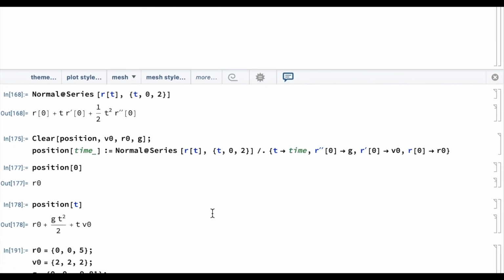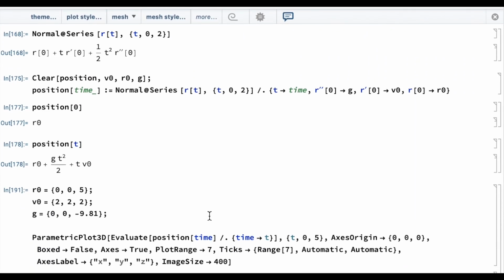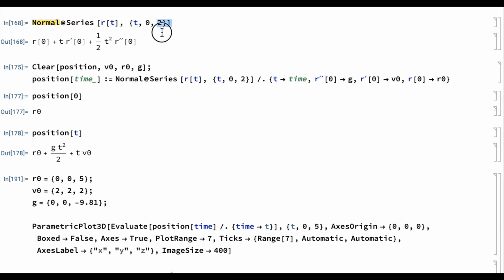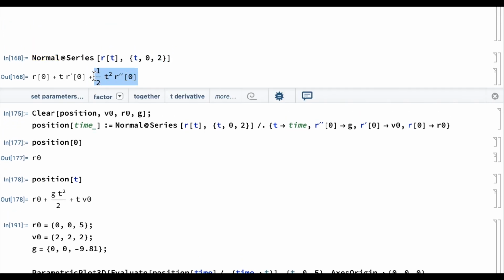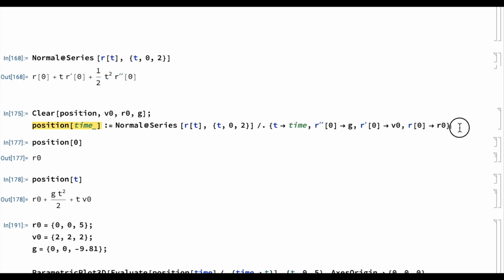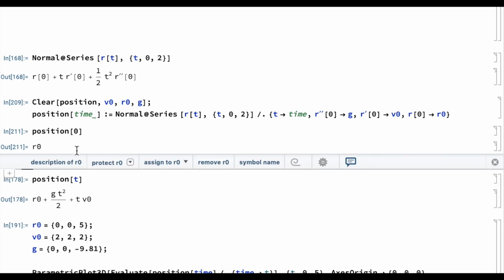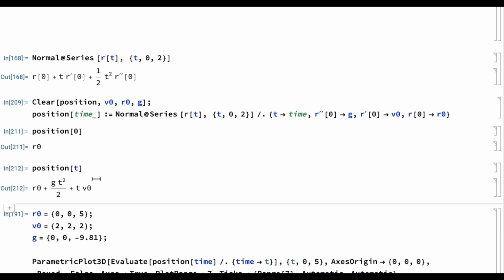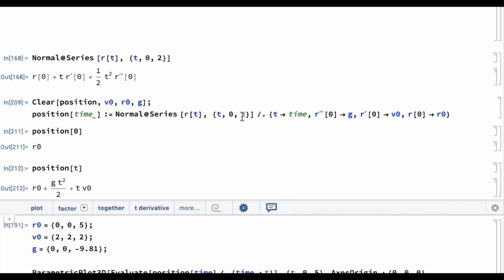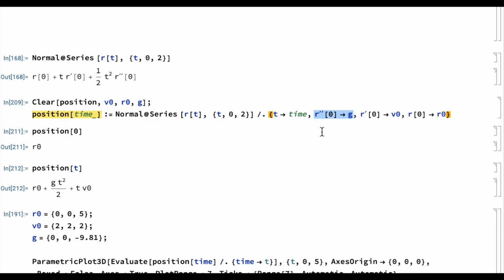All right. So then we go and do the funky thing one more time, this time with degree 2, and we end up with 1/2 t squared that we played around with up there in the code. Let me run this again. We calculate position at time t as a normal expansion of R of t of degree 2. Position at time 0 gives R0, and at time t, this time we use g for the constant of acceleration.